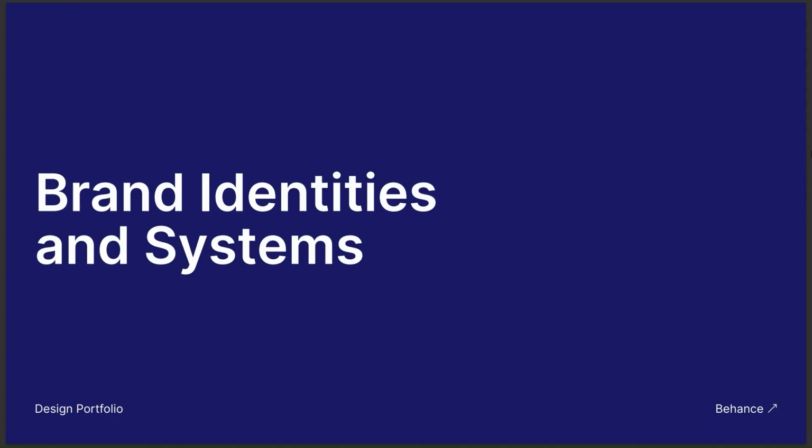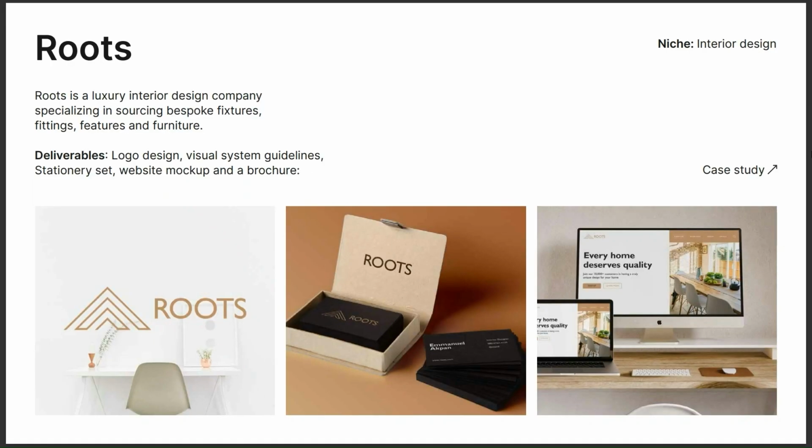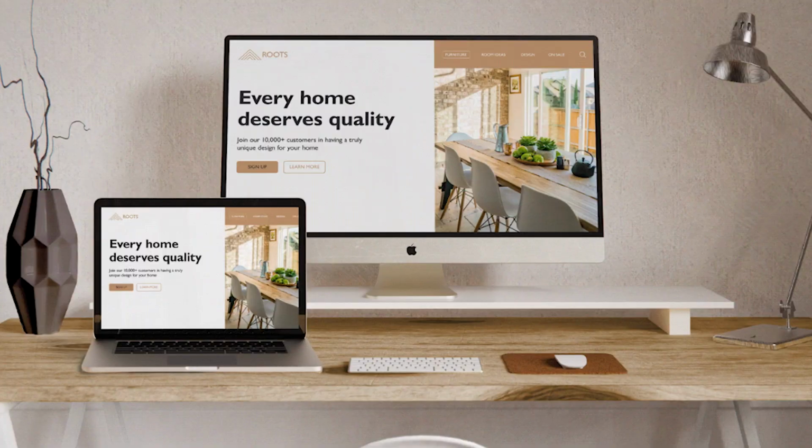I broke my portfolio down into a couple of sections, starting with brand identities, and the first project was for an interior design company called Roots. So I just created the logo, the visual design system, and a couple of stationery, as well as the landing page for the brand. So my aim here was just to showcase a brand that is minimal, that is premium, that offers very high-end products.